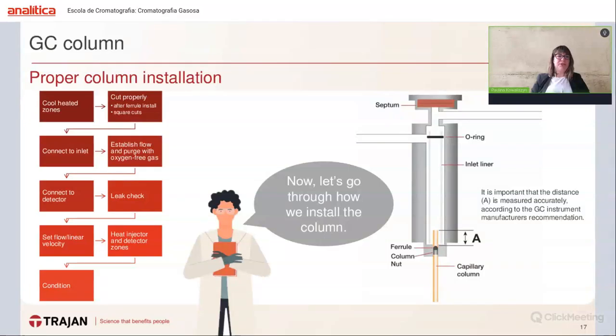Then after connection to the detector, we can do the leak check to see if our system is sealed, if we don't have any leaks. Then we can set up our flow, so the linear velocity of our gas in our application, and then we should heat the injector and detector, and we can proceed to conditioning of our column.